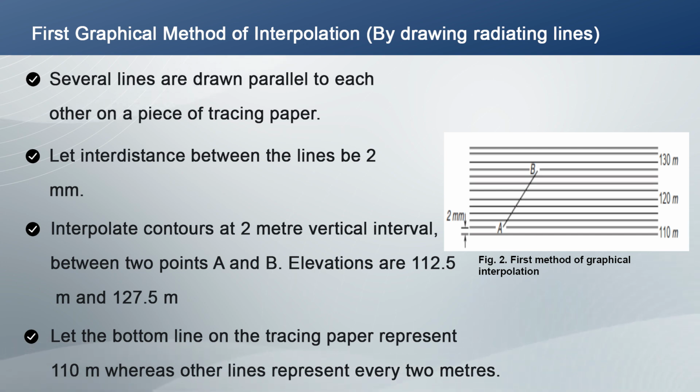Suppose we have to interpolate contours at 2 meter vertical interval between 2 points A and B whose elevations are 112.5 and 127.5 meter. Let the bottom line on the tracing paper represent 110 meter, whereas other lines represent every 2 meters.